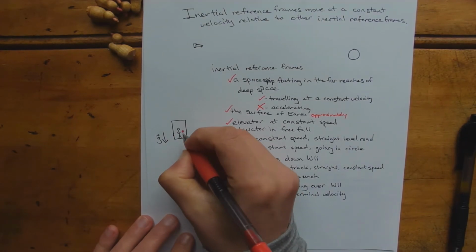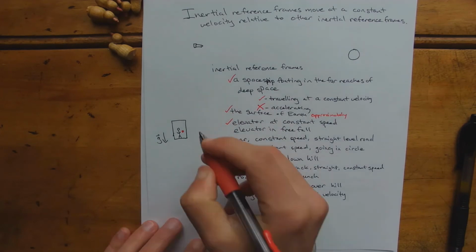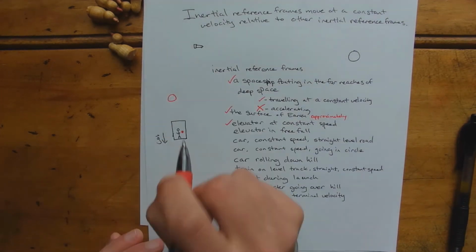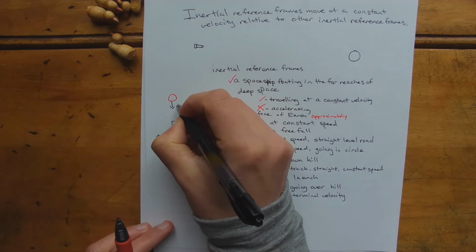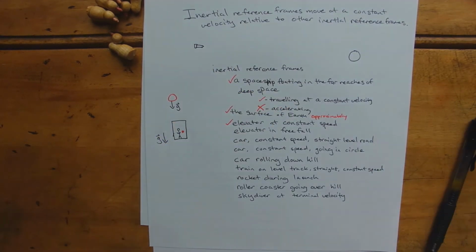To someone outside the elevator, there's a force of gravity acting on the orange, so the orange should be accelerating downward with an acceleration of little g. However, the whole elevator is accelerating downward with an acceleration of little g. So because everything's accelerating downwards together, the orange is going to stay the same distance from the floor.